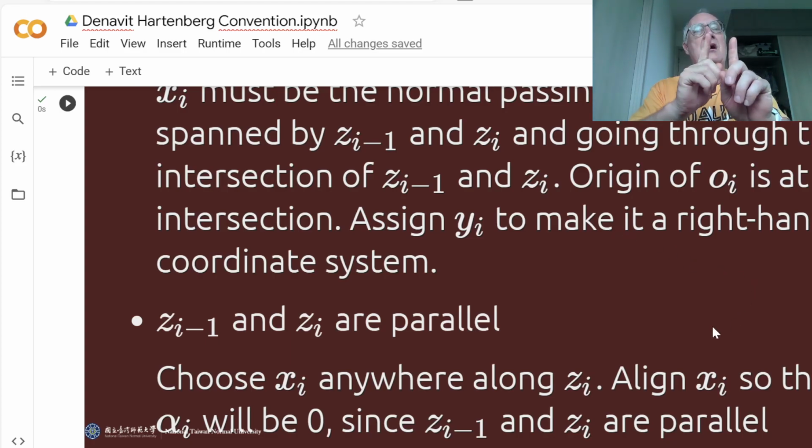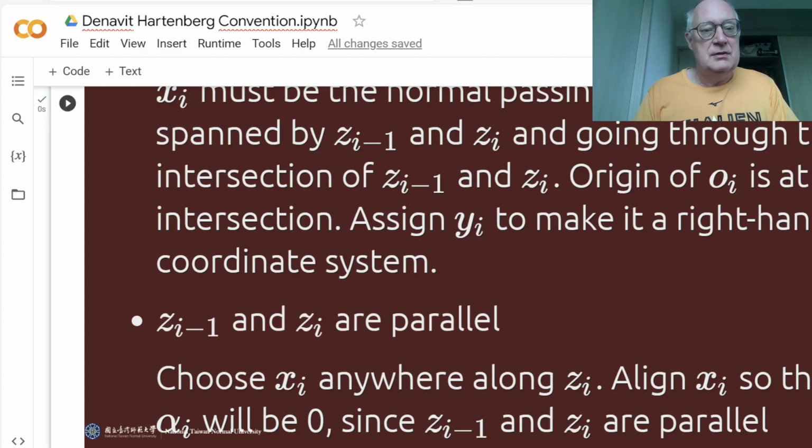The alpha rotation is along x to bring zi minus 1 to align it with zi. But if the two of them are parallel, then there is no rotation between them. So in this case, we set di equal to 0, and also alpha i equal to 0.